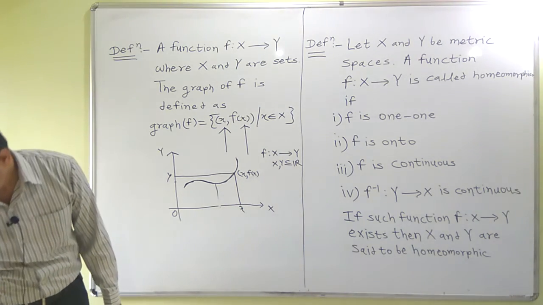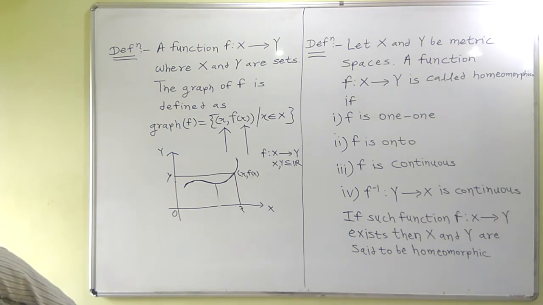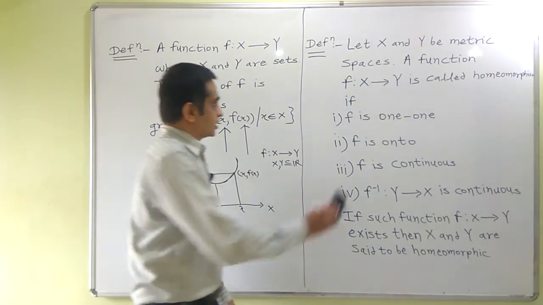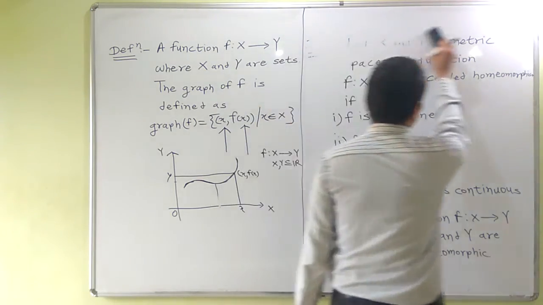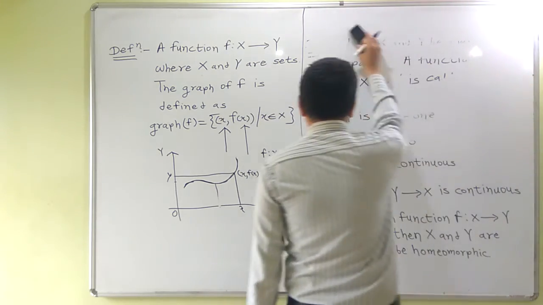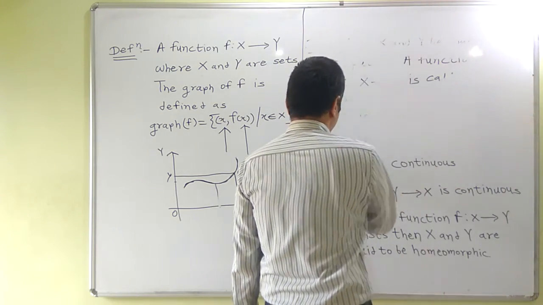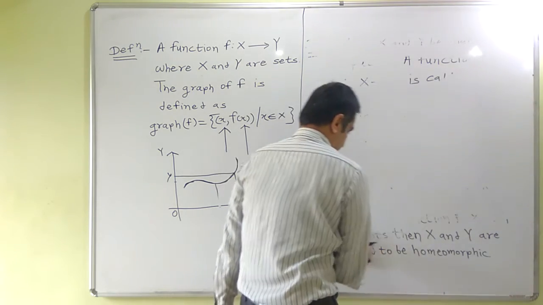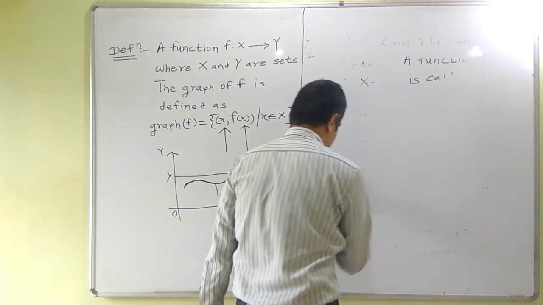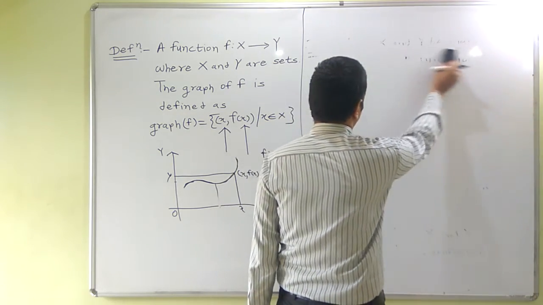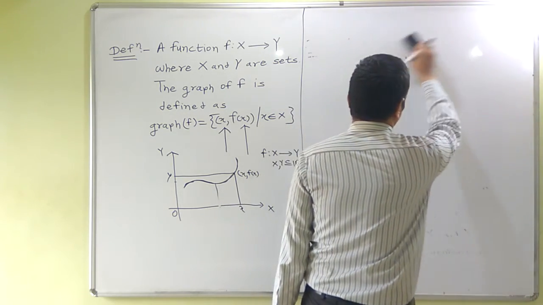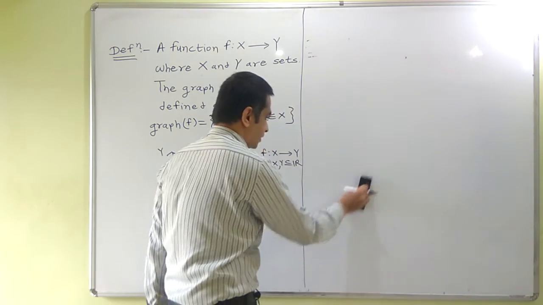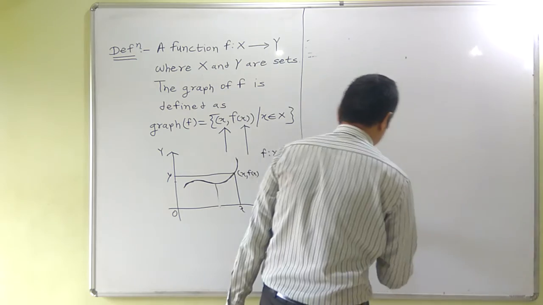Now we want to establish the closed graph theorem. In order to prove the closed graph theorem, we will need the definition of graph of a function, which we have seen, and the definition of homeomorphism is needed for a few other results.